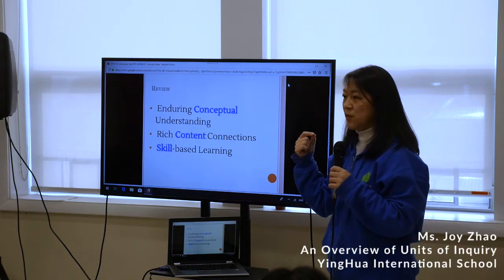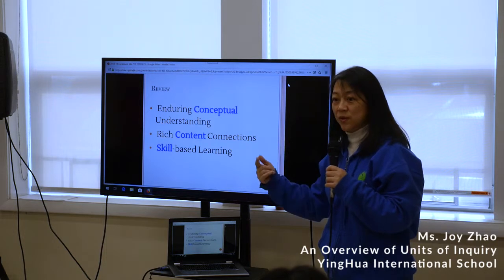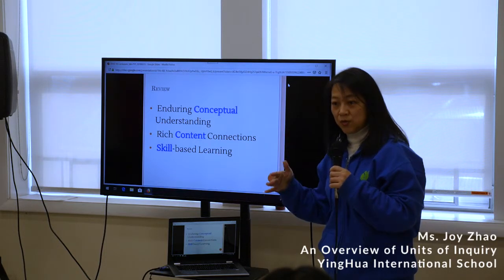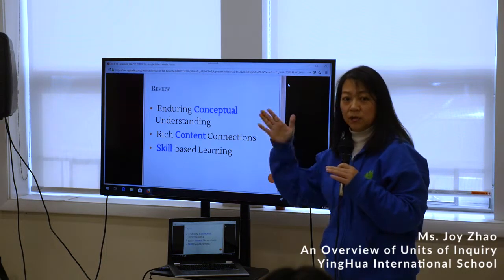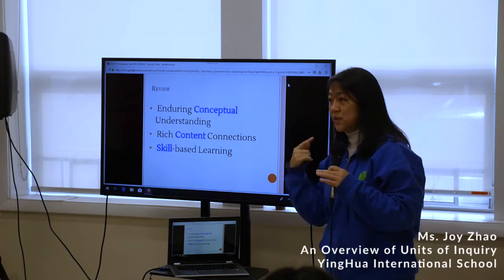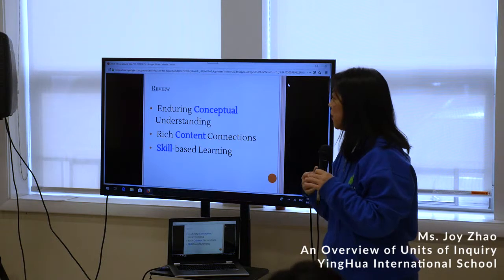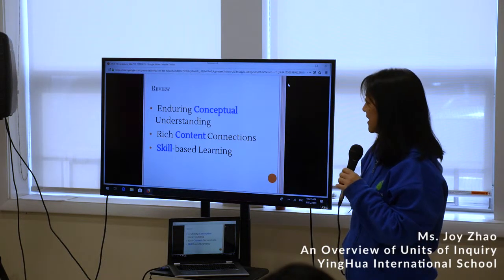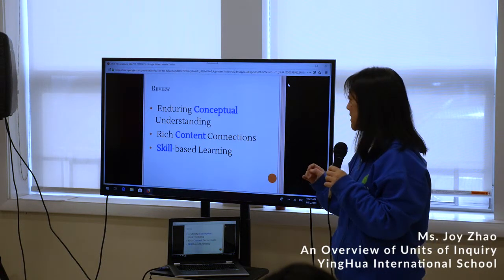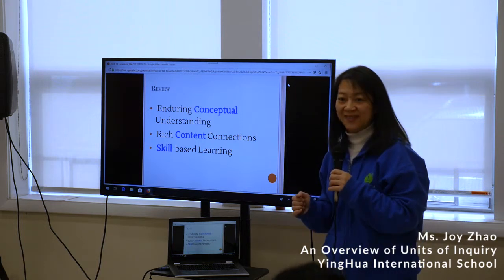And imagine, we're talking about just one unit in kindergarten. There are 6 units a year from kindergarten through fifth grade, for all these years. So that's what we're aiming for: enduring conceptual understanding. There's also rich content connections and skill-based learning. Okay?